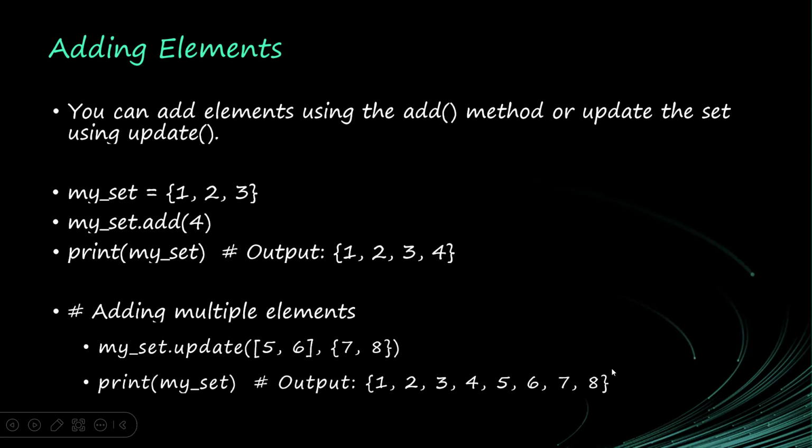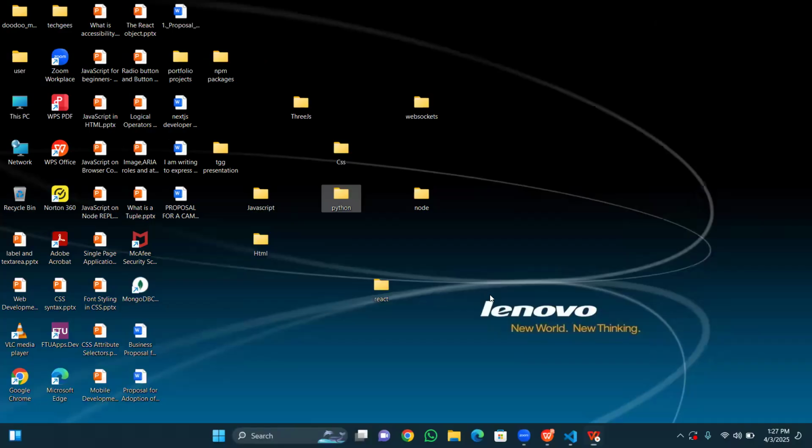You see the result. 5 and 6 were added, 7 and 8 were also added. So 1, 2, 3 was the initial one, then we added 4. When you call update with this list and this new set, update will flatten everything and you get a simple set like this. So let's go to code and let me show you something.